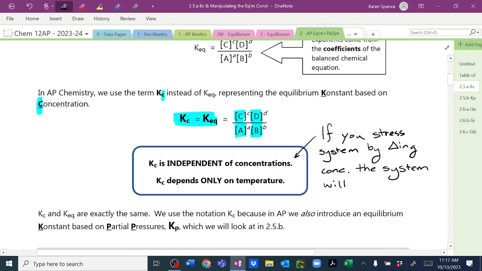Yes? Lazy, Ms. Spence, changing. If you stress the system by changing the concentration, what will the system do? Tell your partner.